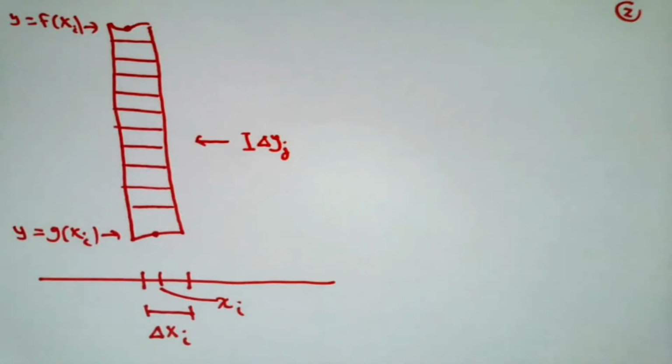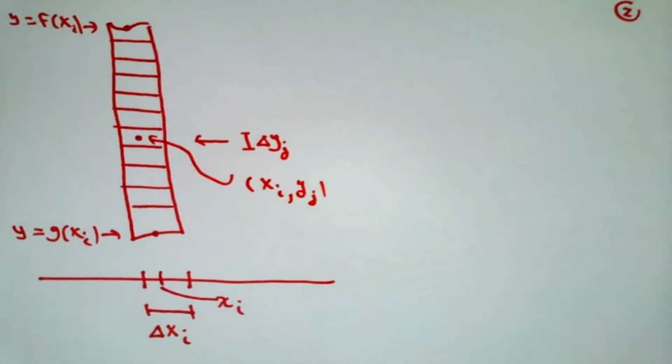So I'm going to have several of these things. As I move around on the vertical strip, it's going to be convenient for me to always use the same x-coordinate, but I'll have to pick a different y-coordinate for each little rectangular block. Since I'm calling the vertical height delta y number j, I'll call the actual y-coordinate y number j.